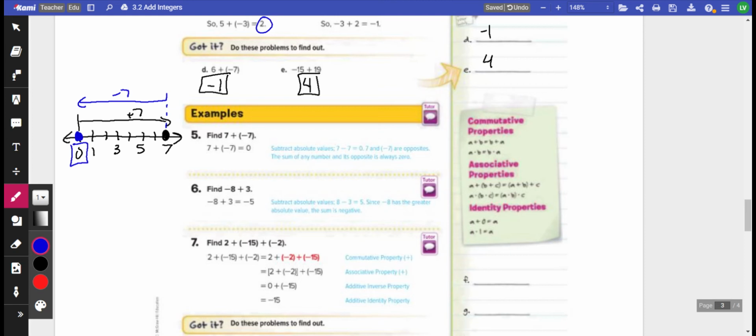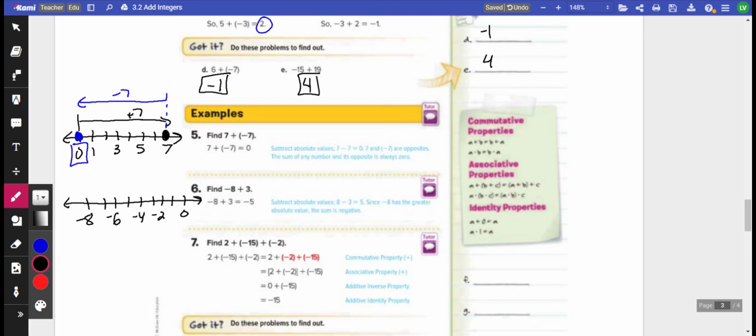Number 6, to find negative 8 plus 3, again, let's draw that on a number line. Start at 0, and I go to the left 8. So negative 2, negative 4, negative 6, negative 8. If you notice in example 5, I went by odds, but in this example I went by evens.